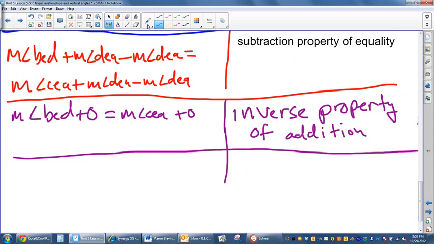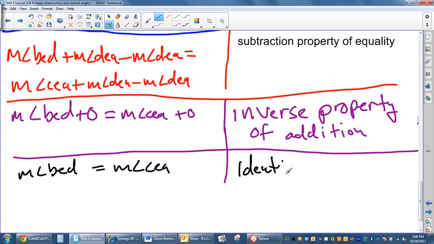All right, last two steps. Measure of angle BED equals measure of angle CEA. What property allows me, when I have A plus 0 equals A, when I add 0 to something and it stays the same? Identity property of addition.